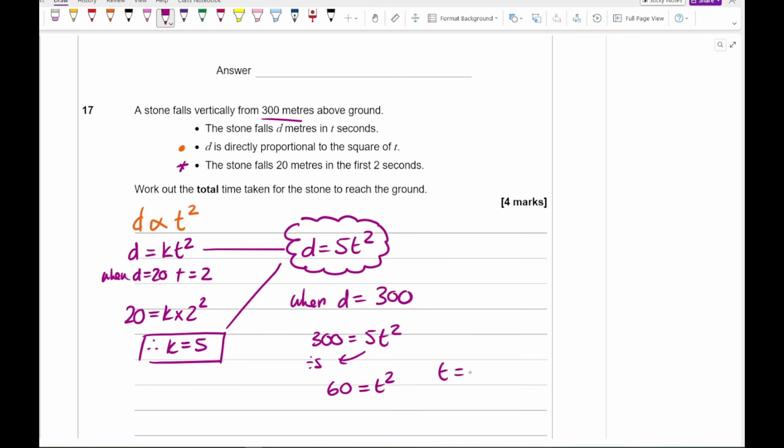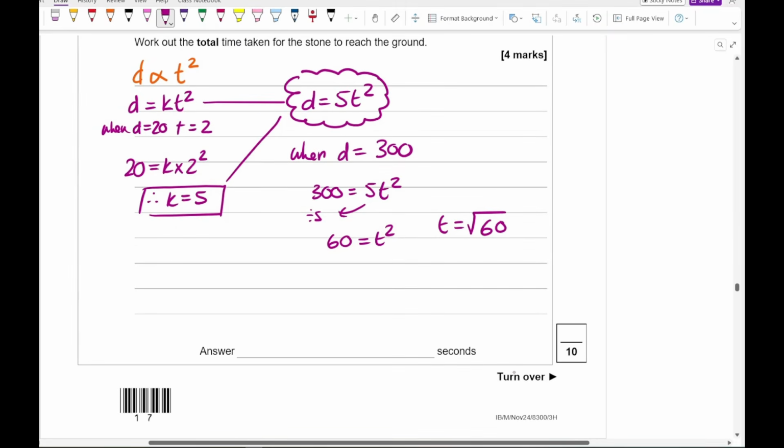So t equals the square root of 60. Now because we can't have negative time, typically we would write plus or minus root 60, but this negative value of t isn't possible. So we're just looking for the positive value of t. So t equals 7.75 seconds.